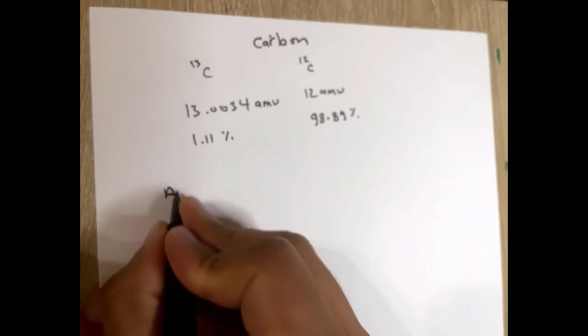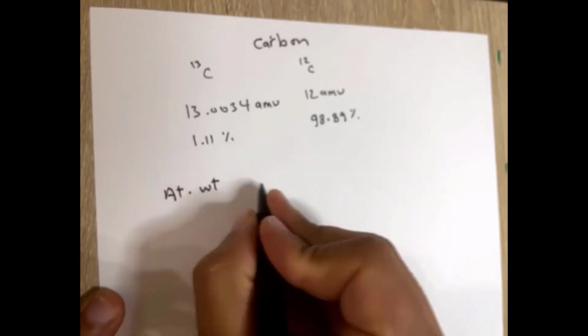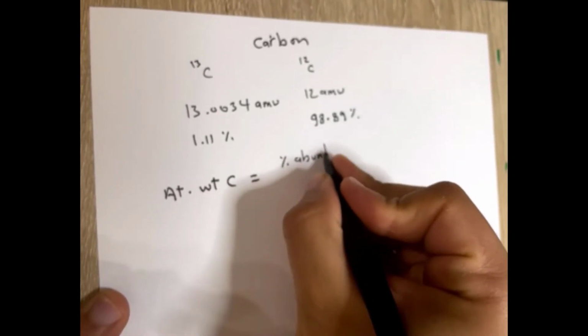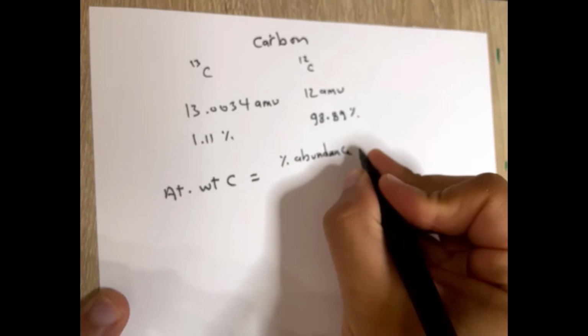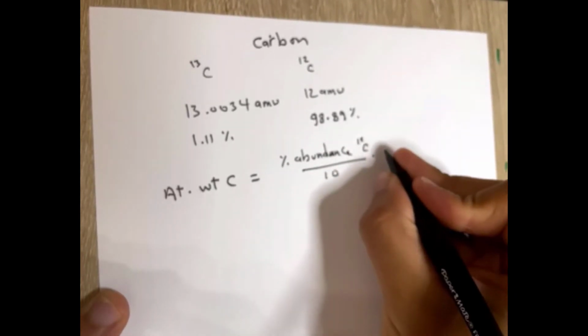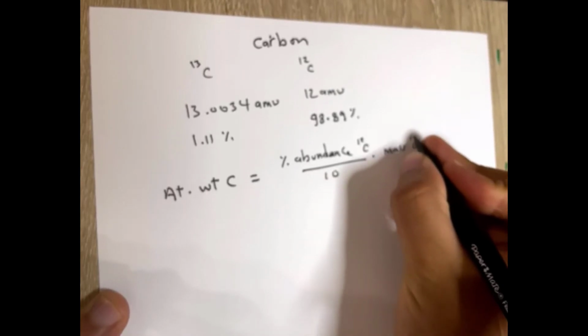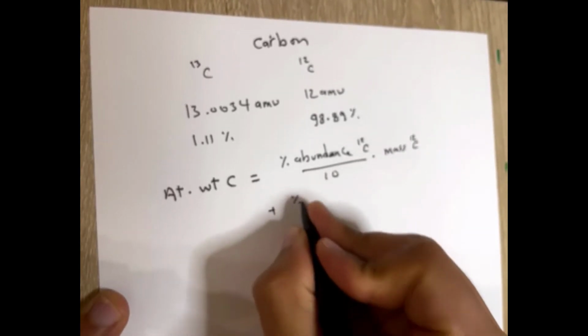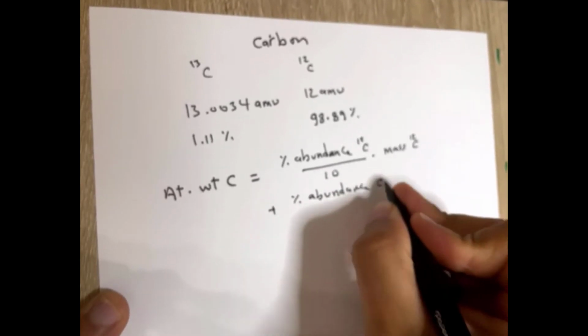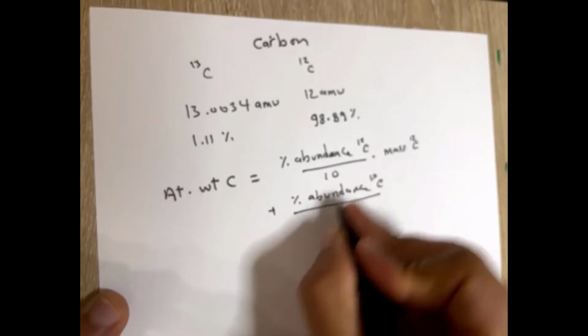To calculate the atomic weight of carbon, this is going to equal the percent abundance of carbon 12 divided by 100 times the mass of carbon 12 plus the percent abundance of carbon 13 divided by 100 times the mass of carbon 13.